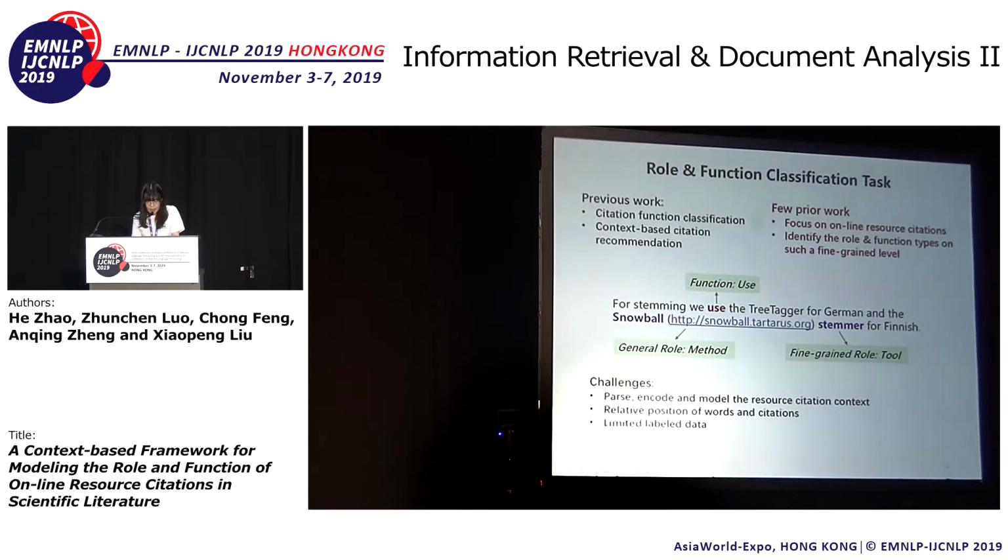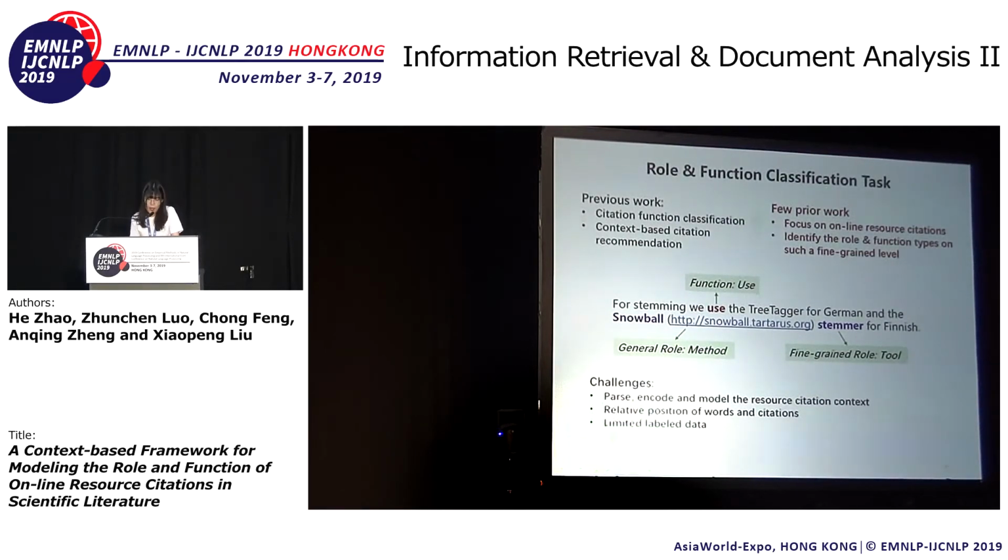As the example shows, when given such a context, we are asked to identify the general role, which is method, the fine-grained role, which is tool, and the function here is use.